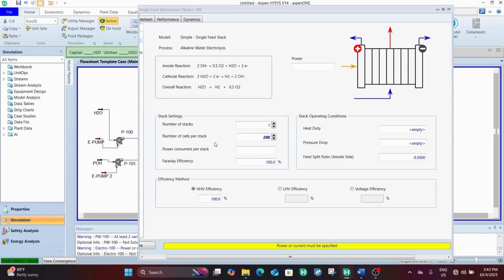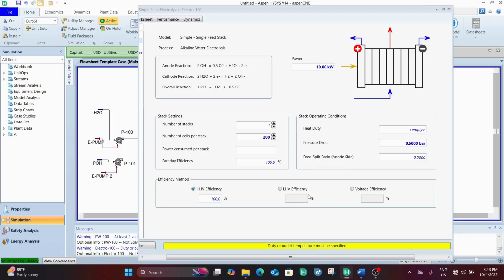Power consumed per stack is dependent on the power we specify. So we're going to start with about 10 kilowatts to see how it goes. It's quite on the low side, but we just want to see how it goes. Now we need to specify the pressure drop, 0.5 bar.